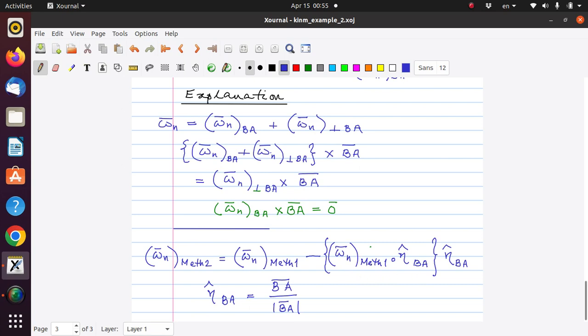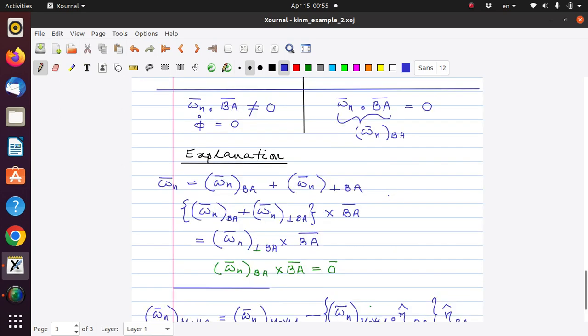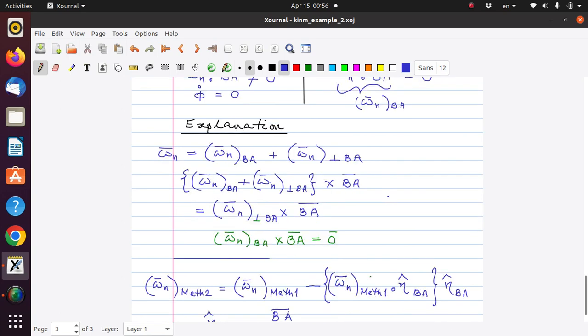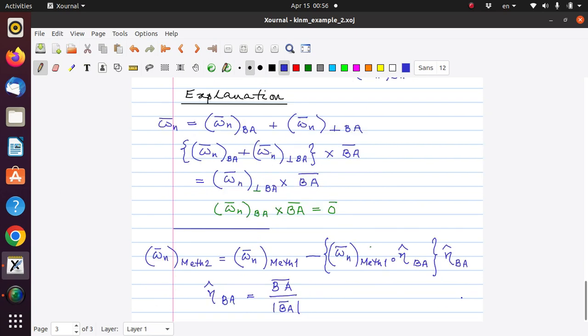This is omega n method 1 dot eta BA, where eta is the unit vector along BA. So this is the component of omega n along BA, times the unit vector in the direction of BA. That means the omega n which you compute from method 1, which is 6k, minus the along component gives you the omega n for method 2.